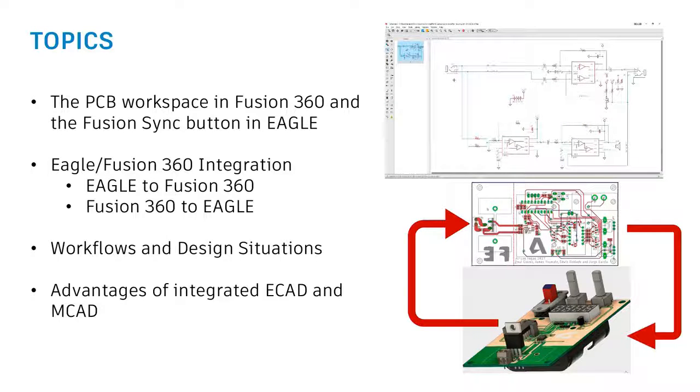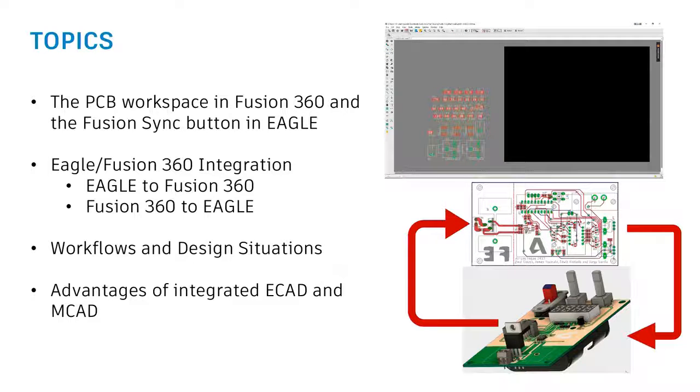So the integrated tools in Fusion and Eagle seek to resolve this by allowing a PCB component in Fusion to be linked to an Eagle board file. And what this allows teams to do is work in a single Fusion design and a single Eagle board file, which eliminates a lot of the file management problems we used to see. Yeah, usually there were a lot of errors when it came to conversion, so this eliminates that.